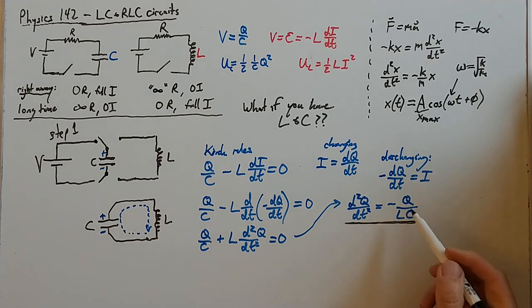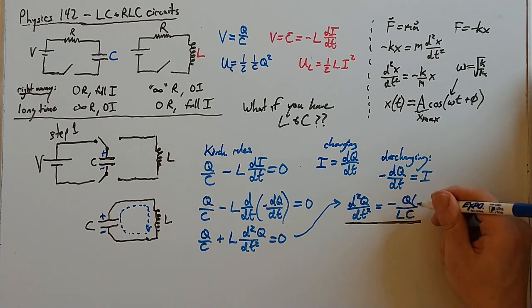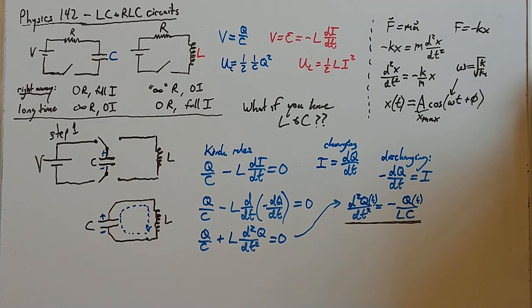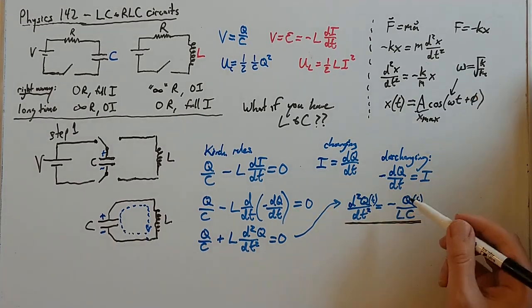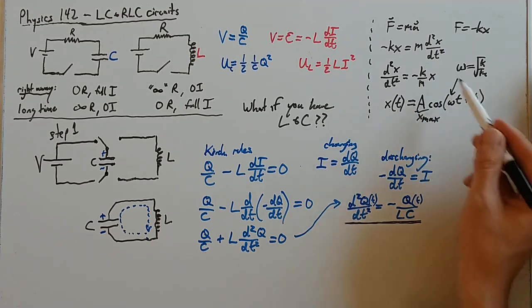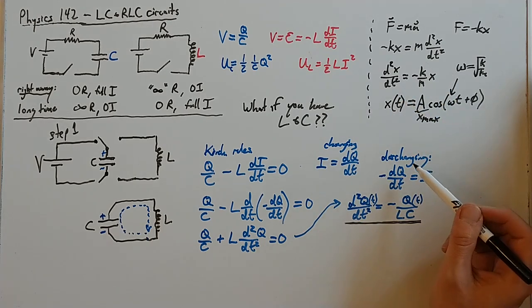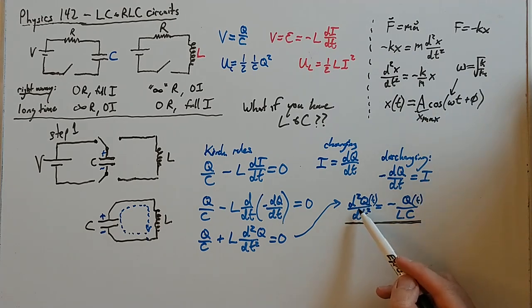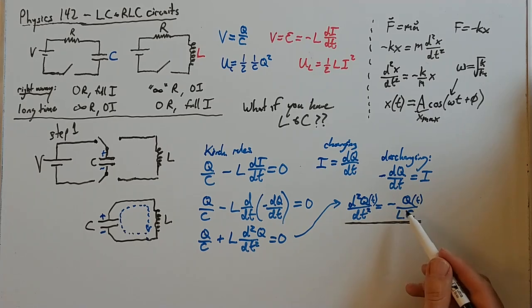And so what that means is that to solve this equation, if we want to think about Q as a function of time, how much Q is on that capacitor as a function of time, we're going to solve the equation using differential equations the same way that we solved the harmonic oscillator equation. What we need is a function that when we take two derivatives, we get the same function back with a minus sign.